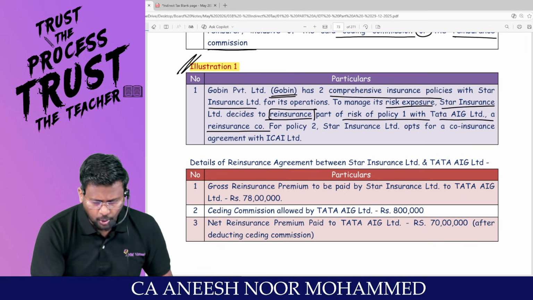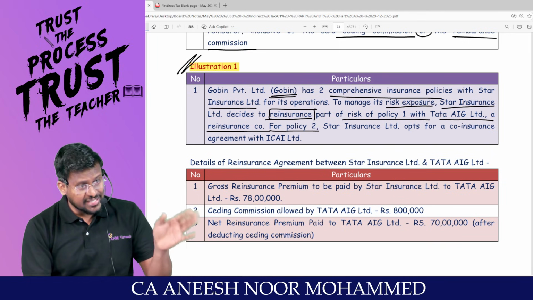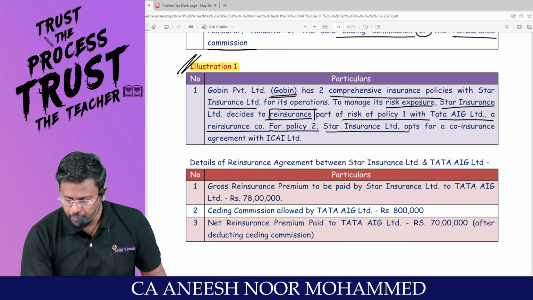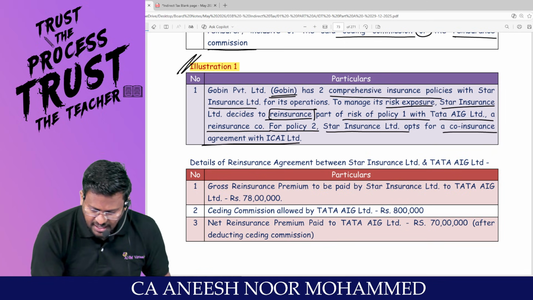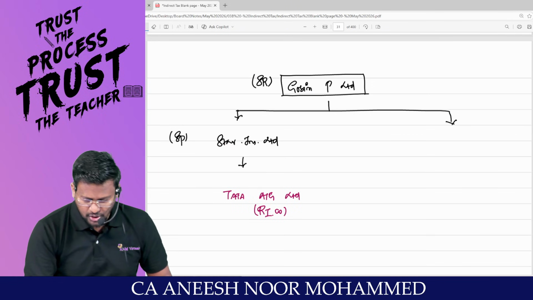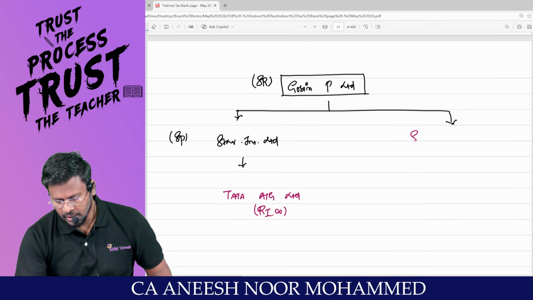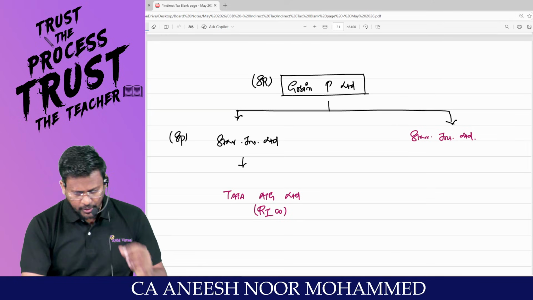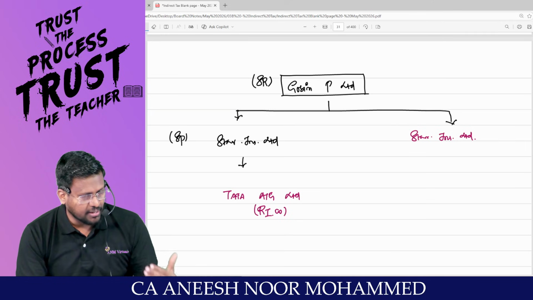Now I'm going to talk about policy number 2. For policy number 2, Star Insurance Limited opts for a co-insurance agreement with ICAI Limited. Super, sir. That means even the second insurance is also with Star Insurance Limited. Are you all really with me? Sir, actually, who is the service provider? Star Insurance.